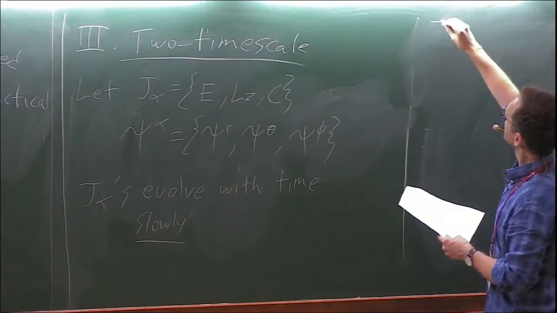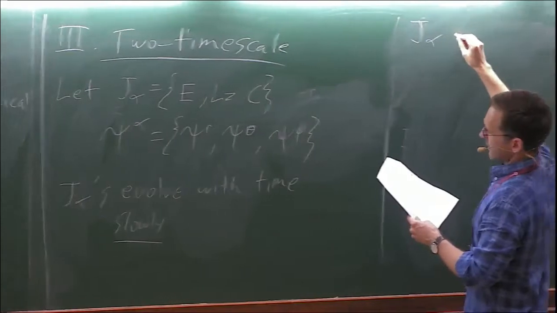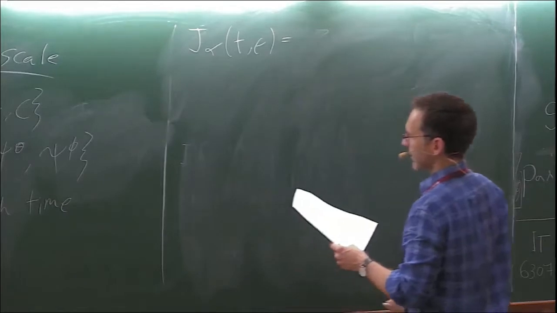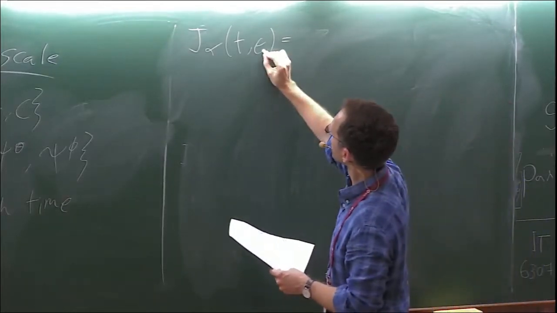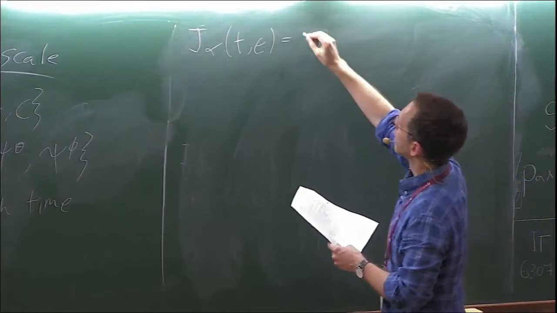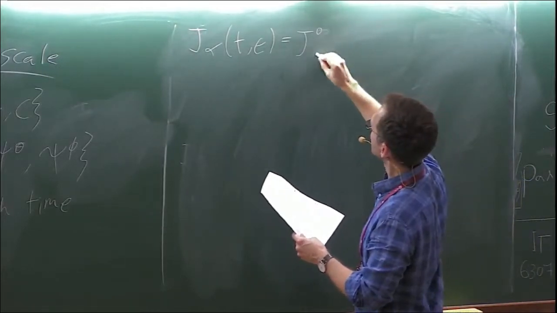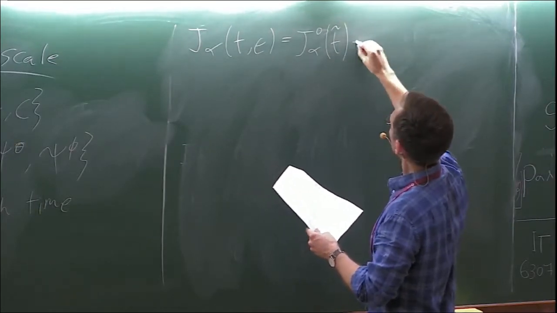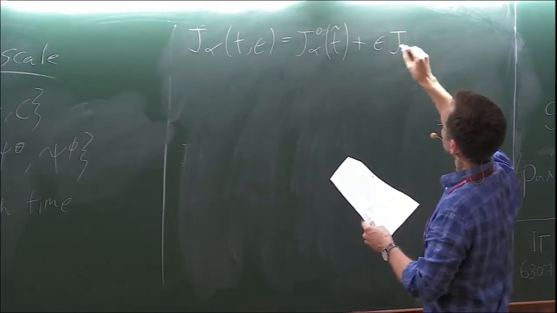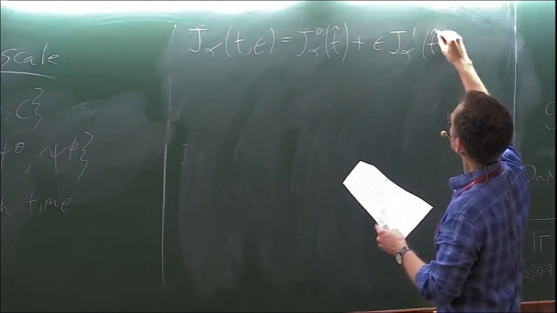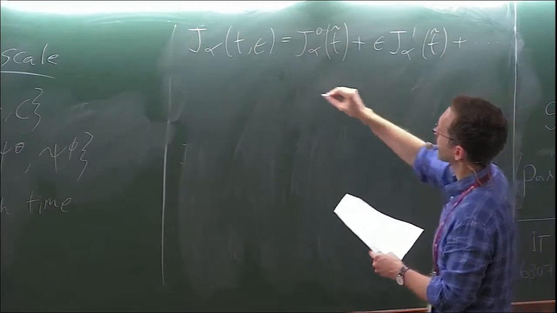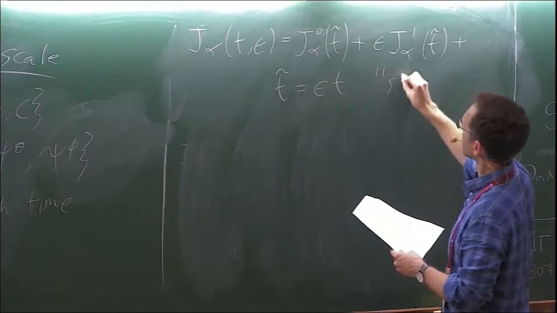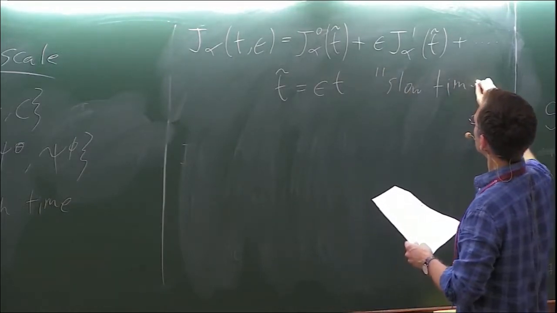So let's write that as J alpha of T and epsilon. Here I'm thinking of coordinate time, but really you could do this with any parameter. It is J0 of T tilde plus epsilon J1 of T tilde, and so on to higher order, where this T tilde is just epsilon times T. It's called slow time.